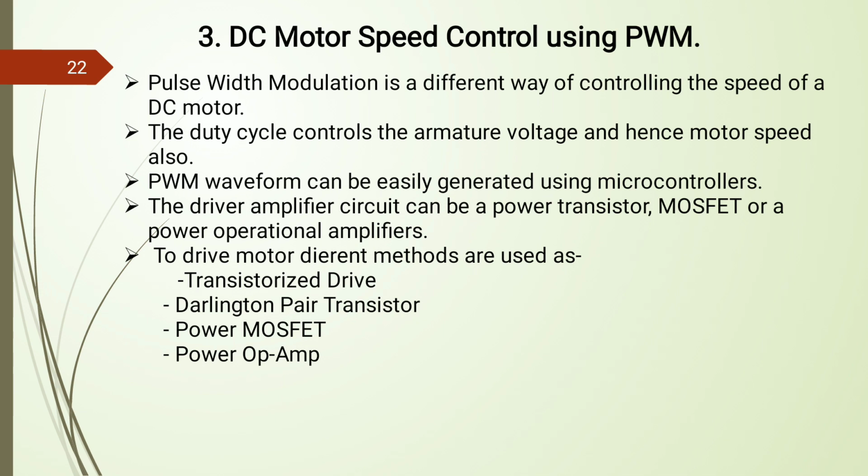Generally the speed of a DC motor is controlled by varying the PWM pulse from the microcontroller side if we automate the speed with the help of a microcontroller based system.